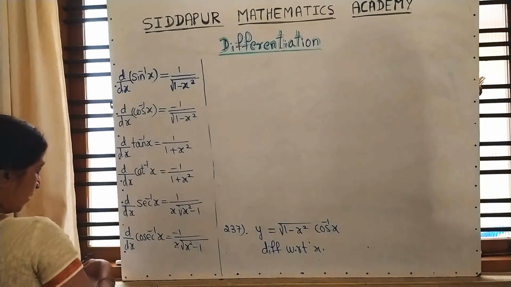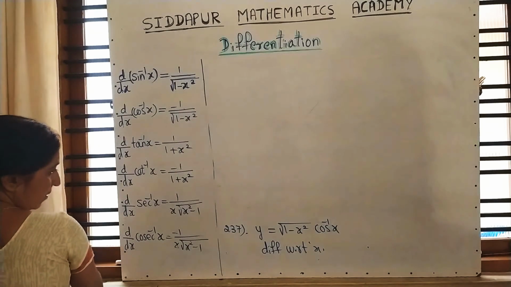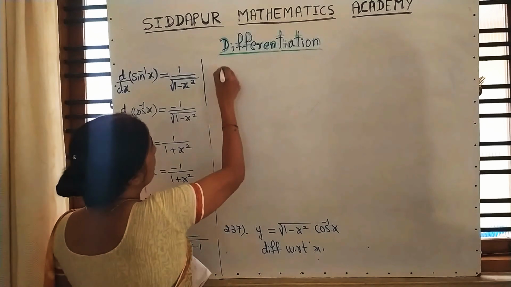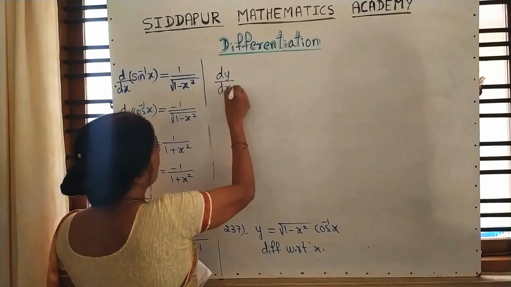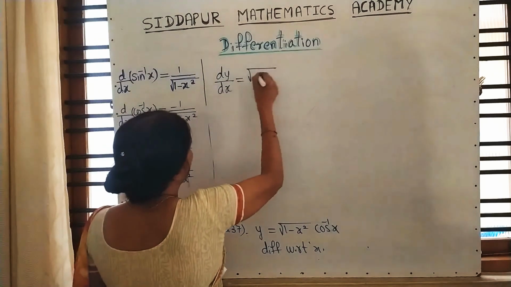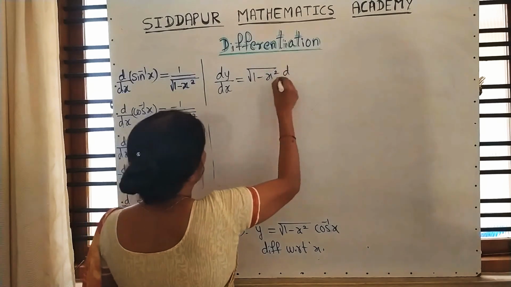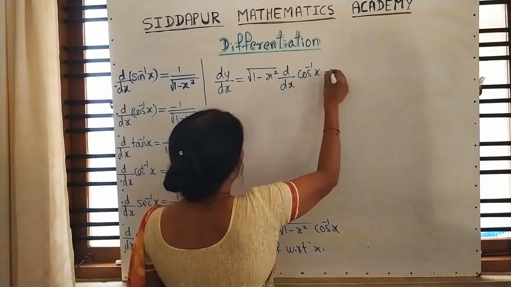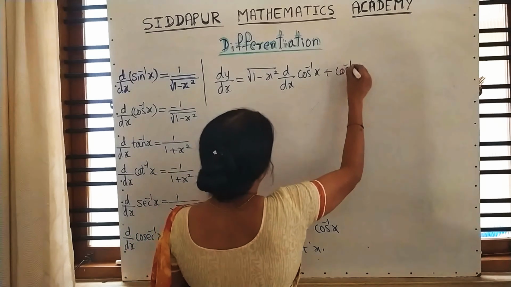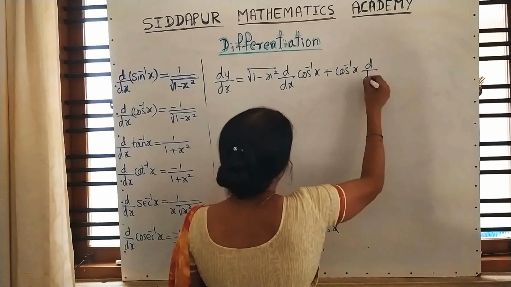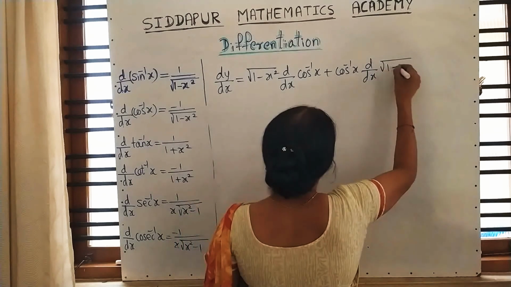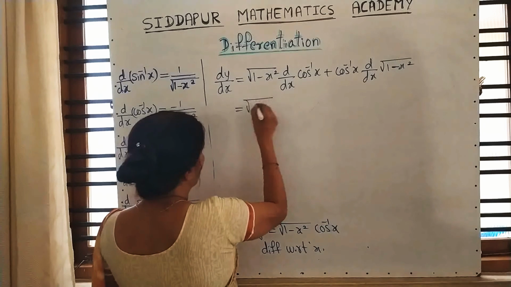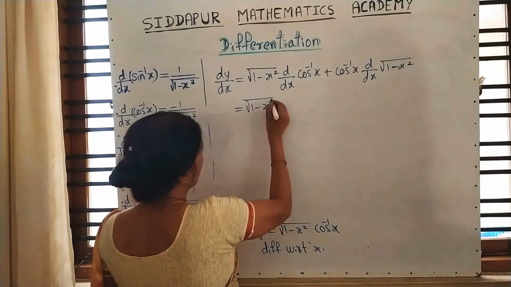Sorry, here u into v, which is u root 1 minus x square. dy upon dx is equal to root 1 minus x square into differentiation of cos inverse x. I think you are not required much explanation because already you are familiar.